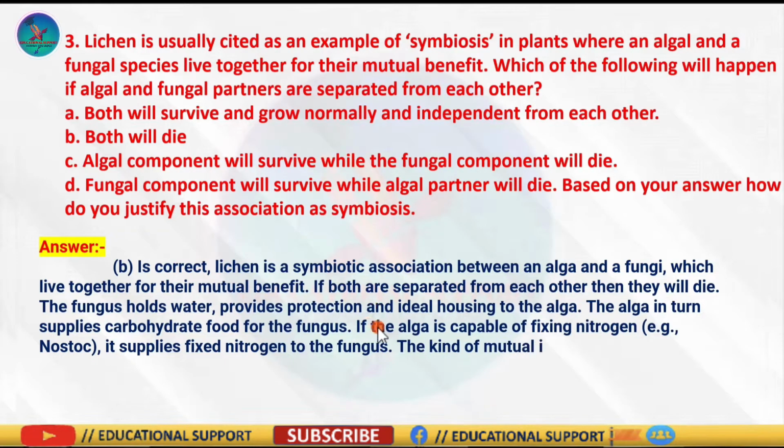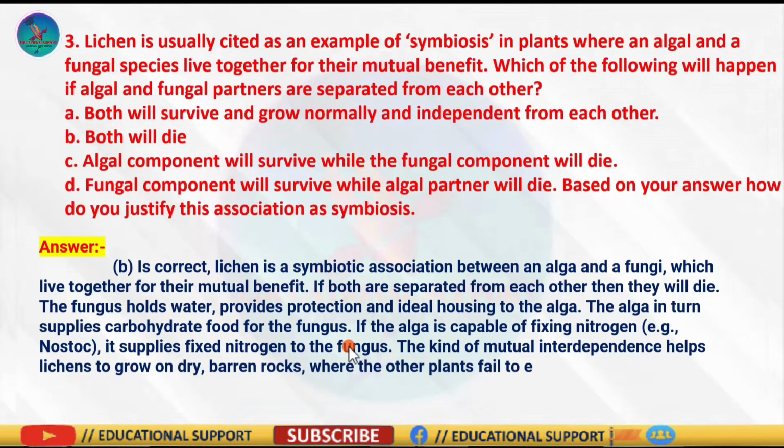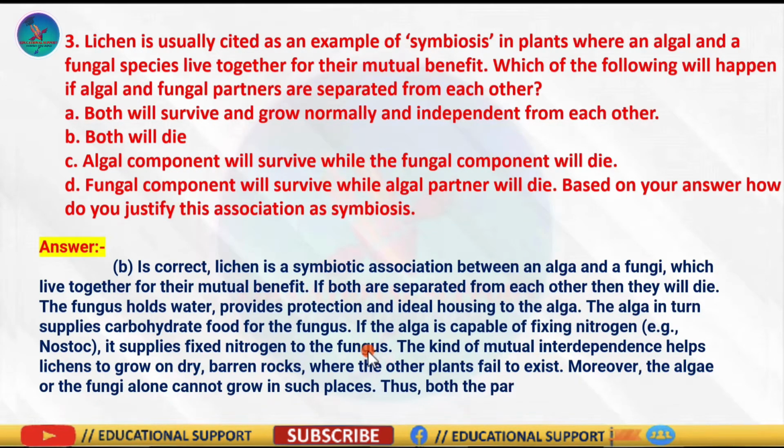Experiments have shown that the algal component can grow independently when separated from the fungal species, but the same is not true for the fungal component, which dies when separated from the algal component. So this association is a typical case of master-slave relationship, where the fungus has trapped the algal component for its own survival while giving nothing in return.